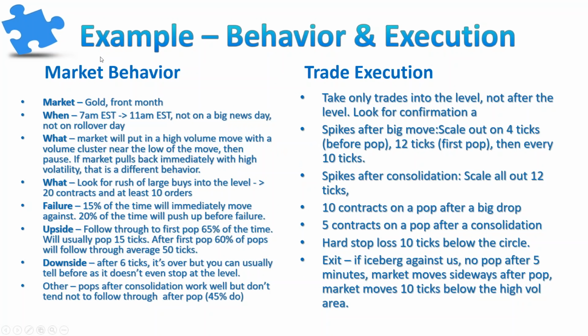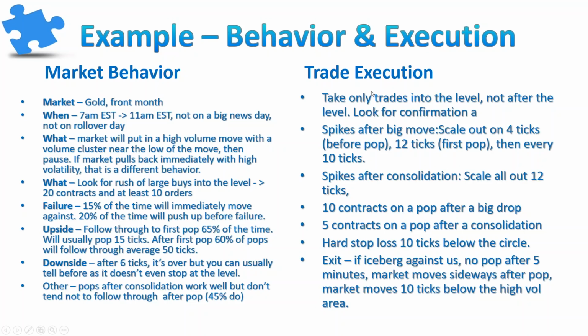So this is just a sample, right? This is just me saying what should be in the plan, and I didn't even finish that sentence there. So that's just one way to trade the behavior on gold. You have to look at the market behavior first, and then say, based on the market behavior and the failure rate, maybe I'm only going to take trades below my high volume level.